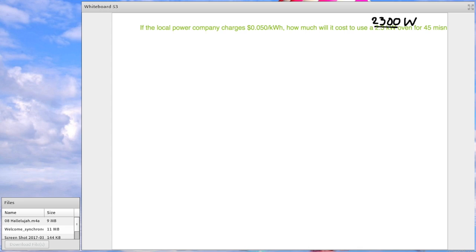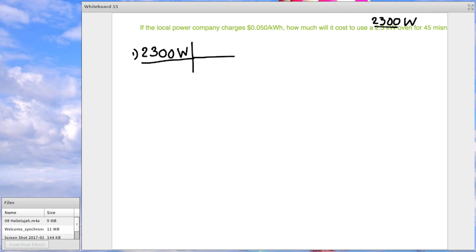The first thing you want to do with these problems is convert those watts to kilowatts. I know they already had it that way, but some of the problems don't, and I want to make sure you know how to do it.